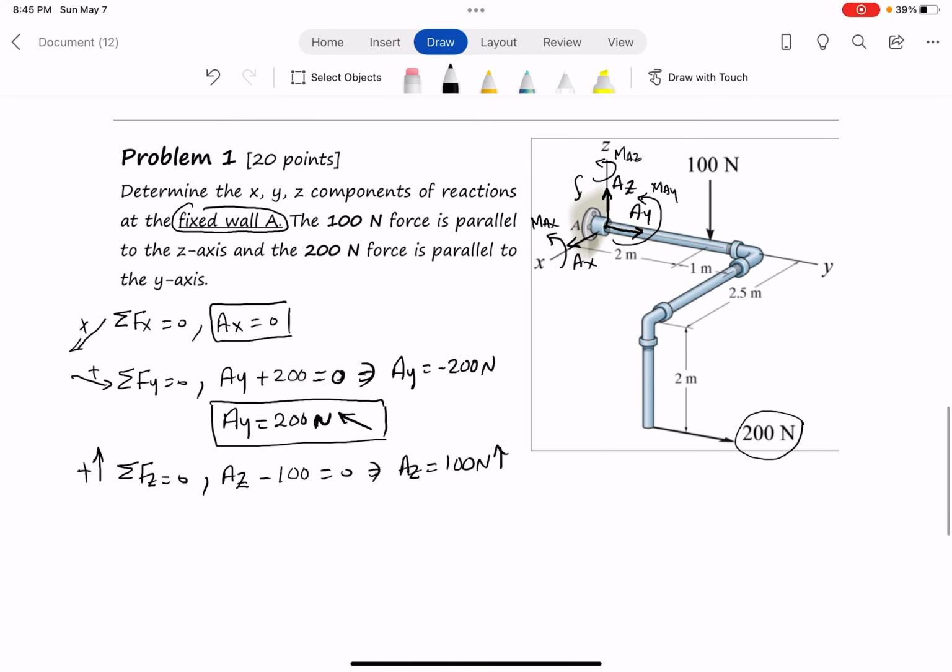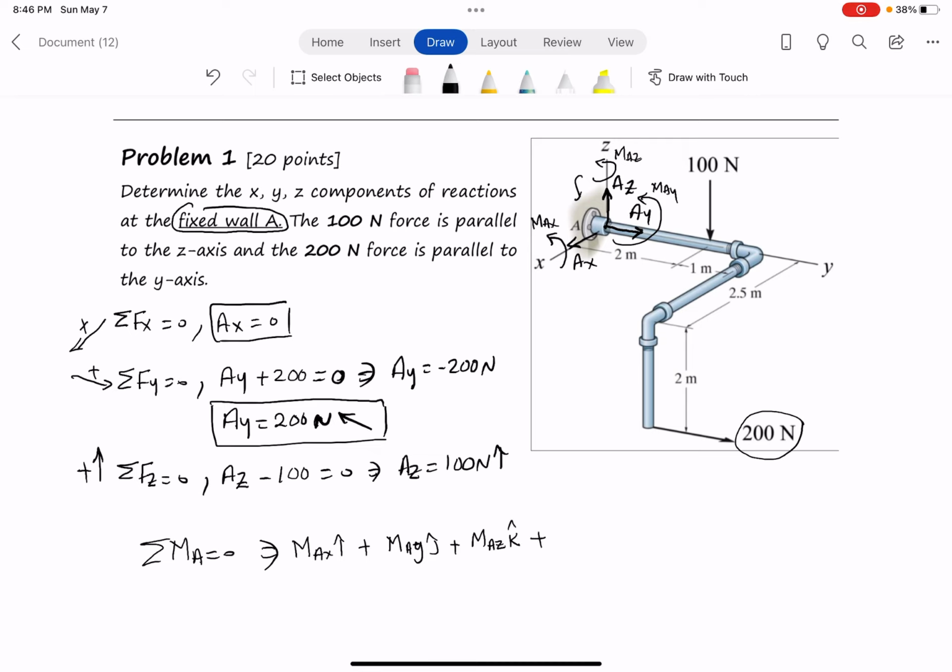So how we're going to do it is, if you take summation of moment at A equal to 0, you will get that, first of all, MAX, which is in the I, plus MAY in the J, plus MAZ in the K.